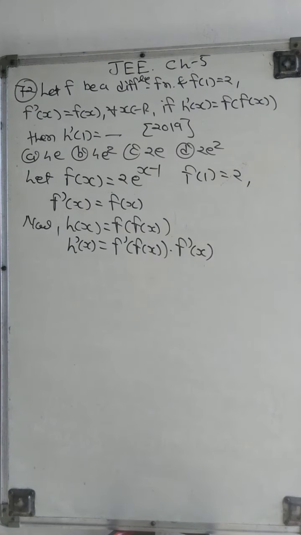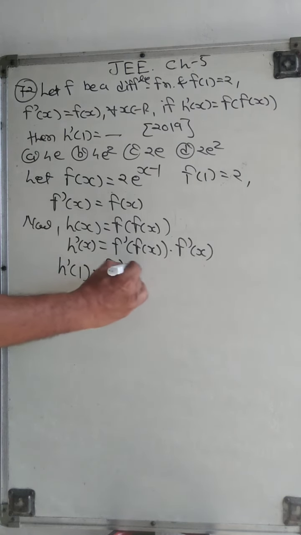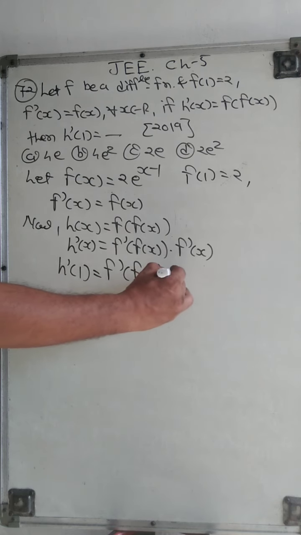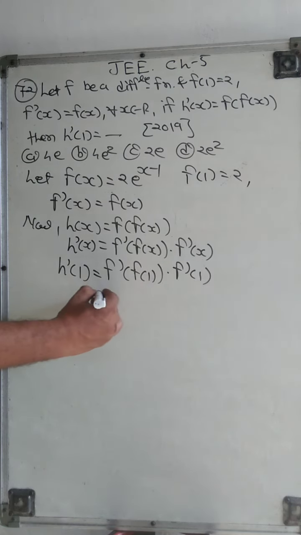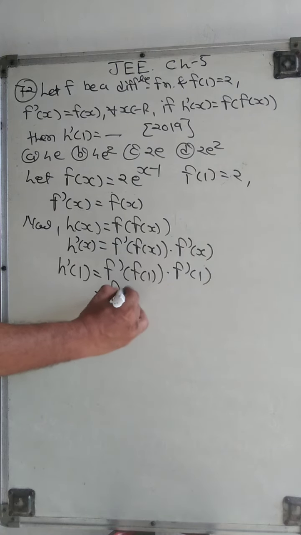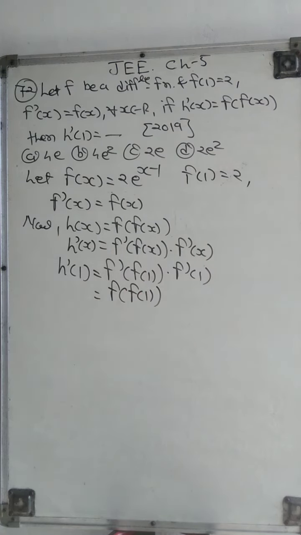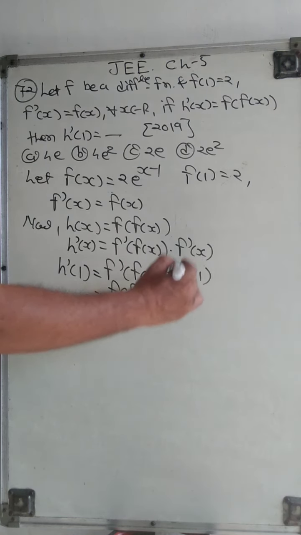Now we want to find f dash f(x). We just put 1, h dash 1 equal to f dash f(1) into f dash 1. So here when we put f dash f(1), then this is f f(1), because we know that f dash x equal to f(x). Therefore f dash f(1) is f f(1).